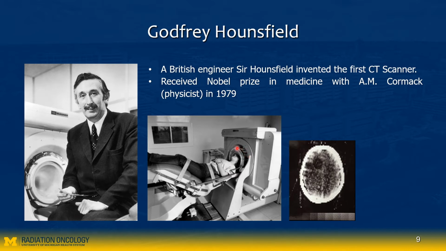It was actually very small, and the image quality, compared to a modern CT scanner, was very, very poor resolution, and it also took a very long time to acquire an image. But you see this image is the first image of a human using a CT scanner. You see the brain tumor there.